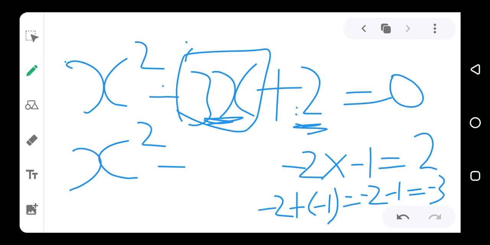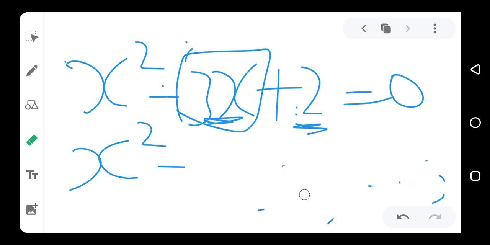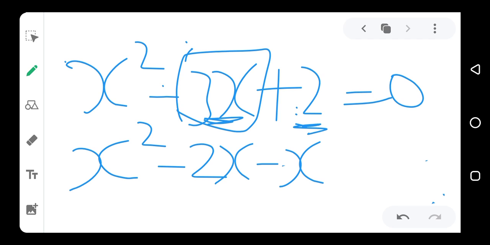So we are going to have x raised to power 2 minus 2x minus 1x, that is minus x, because what we have is minus 2 and minus 1.